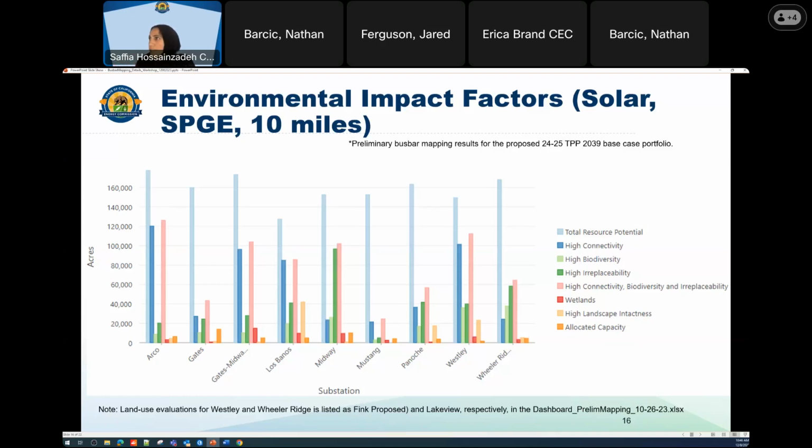I just wanted to show that more visually, and we could go through and do this for all the other regions of California and all the other substations that were selected in the proposed portfolio.